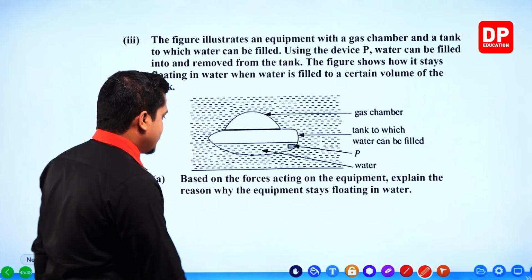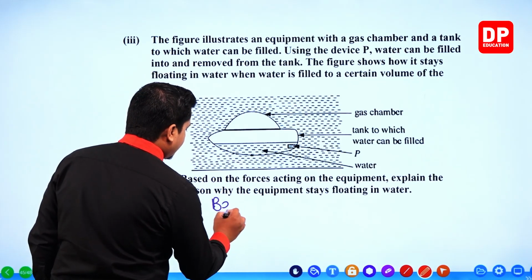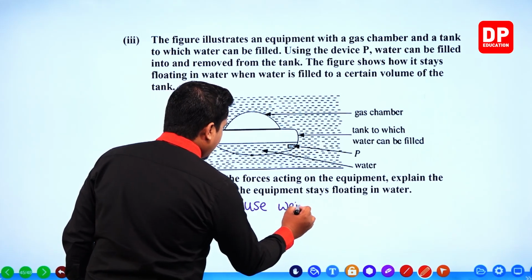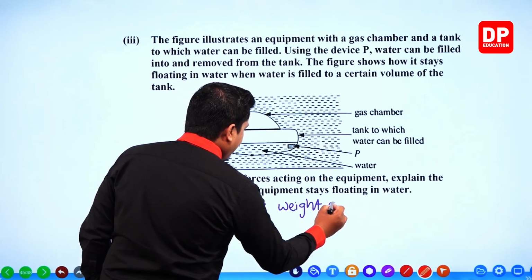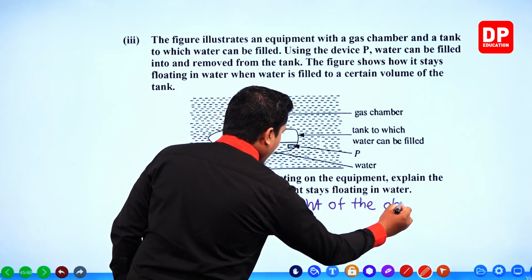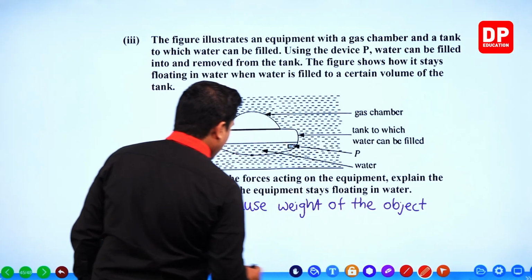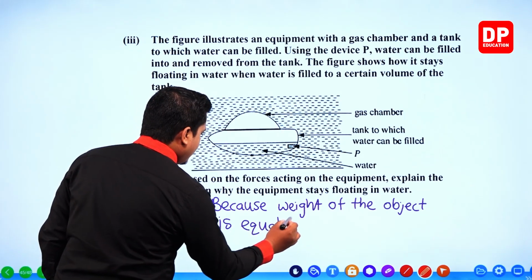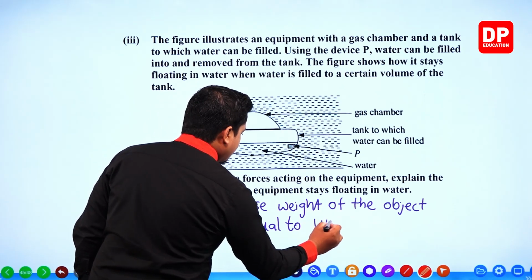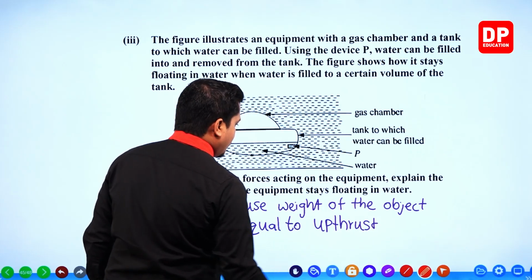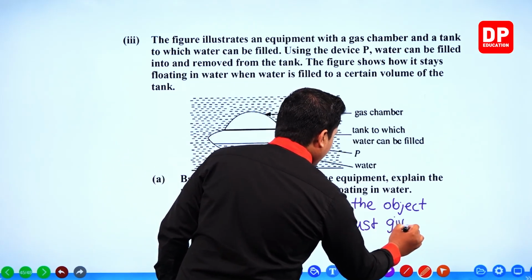So we can write the answer: because weight of the object is equal to upthrust given by the liquid, or given by water.